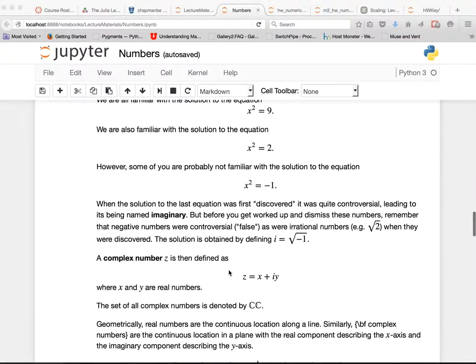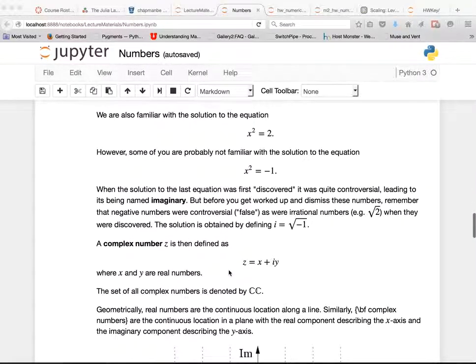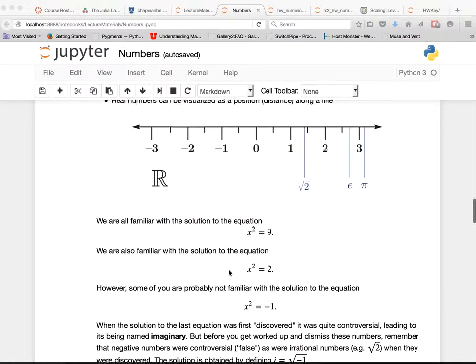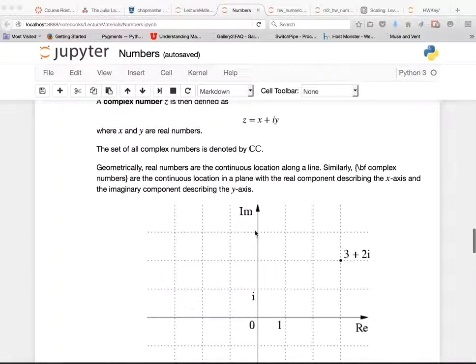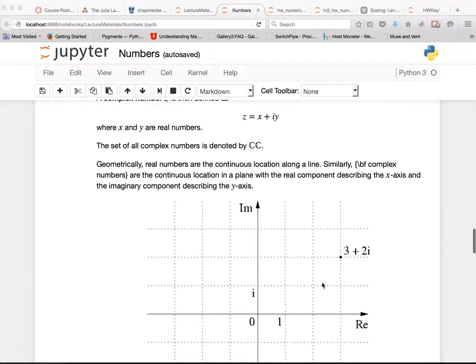The next set of numbers, which aren't as common in most of the applications you would run across in biomedical applications, are complex numbers. Whereas we thought of real numbers as a position along a line, complex numbers can be thought of as a position in a plane.